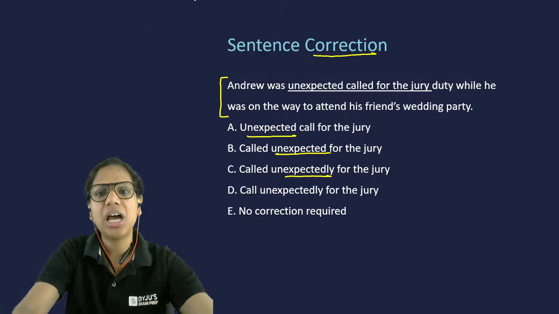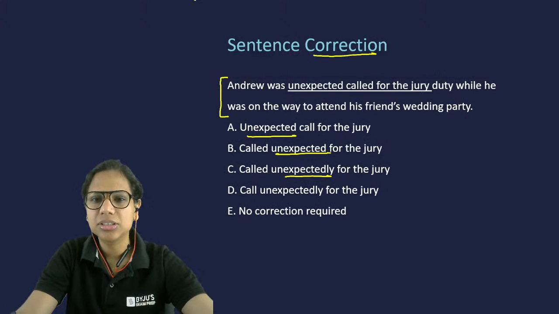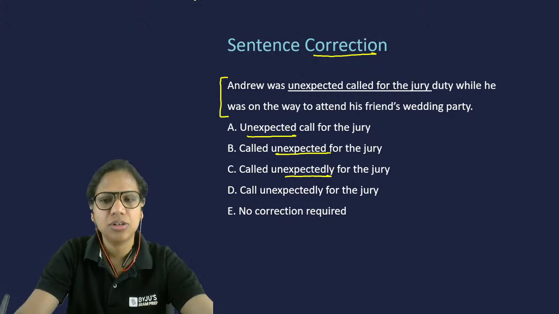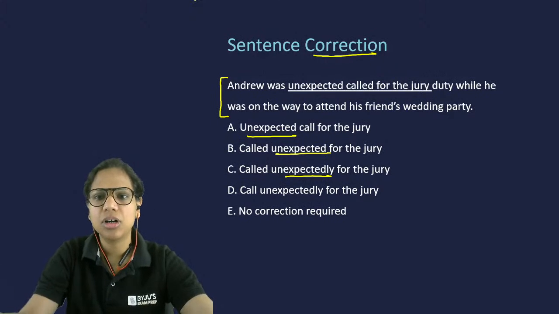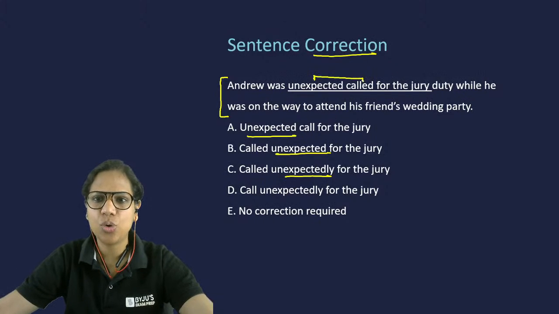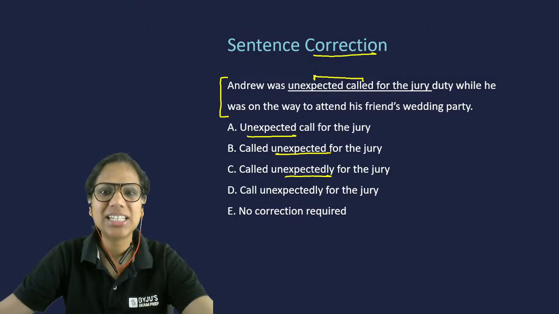Andrew was unexpected called for the jury duty while he was on the way to attend his friend's wedding party. Okay, so unexpected called, this seems a little off. Yes, because when I say Andrew was unexpected, that means that you weren't expecting Andrew, but that's incorrect.